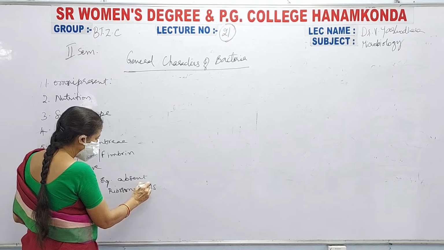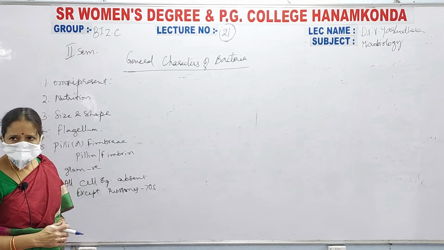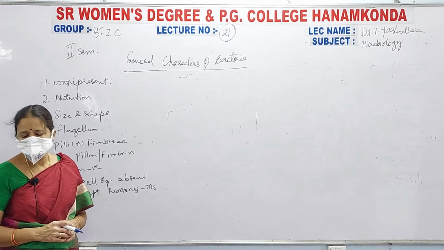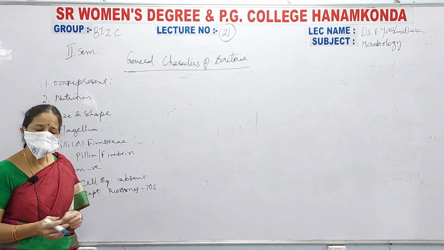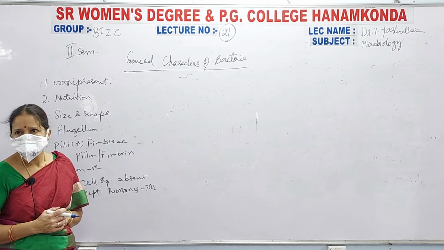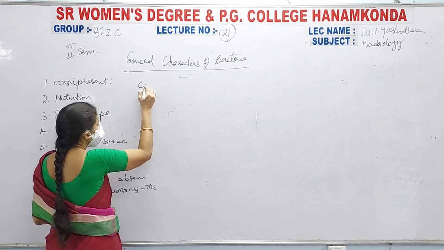The subunits of these ribosomes are 30S and 50S, and they combine together to produce 70S ribosomes.